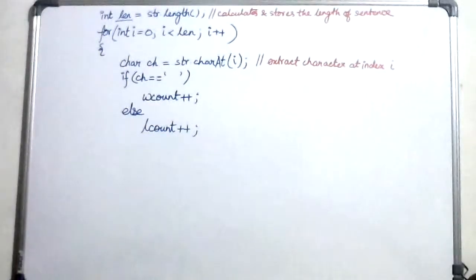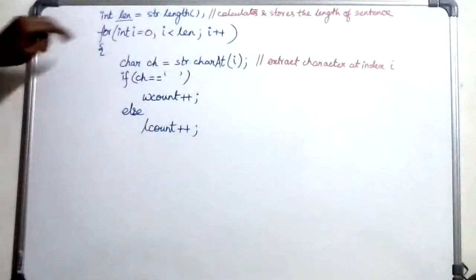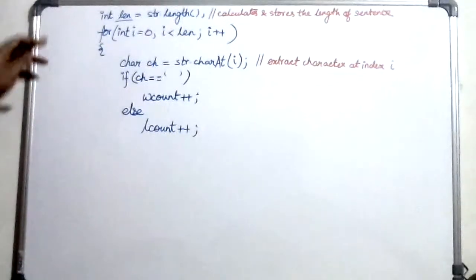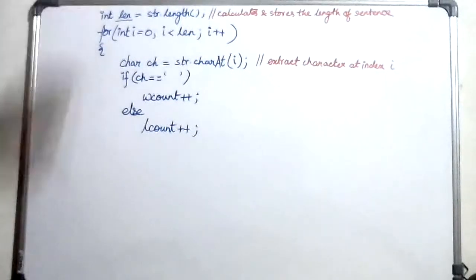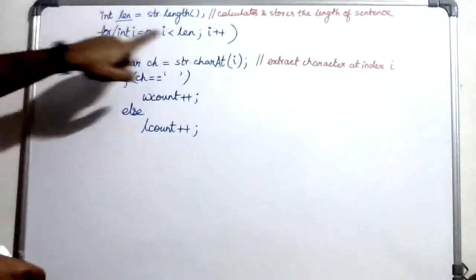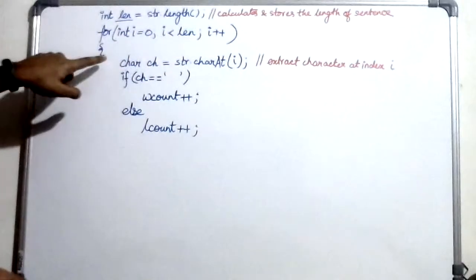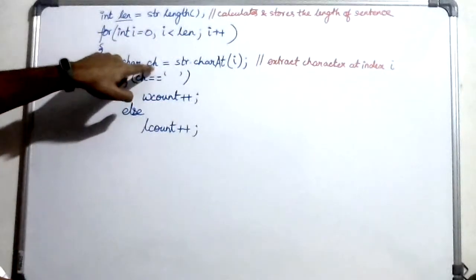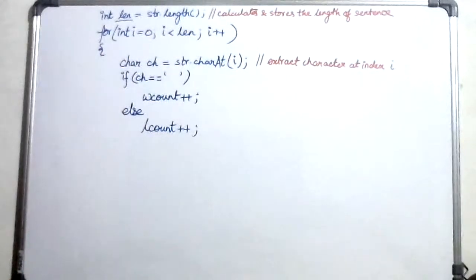See, it's pretty easy. Once you understand the logic of the program, it's pretty easy to write down the program. I have the for loop which cycles from the first letter, or traverses the sentence starting from the first character up till the last character. I've already found the length of the sentence which I'm using in the for loop. Now in the character variable ch, I'm extracting each character at the current position.